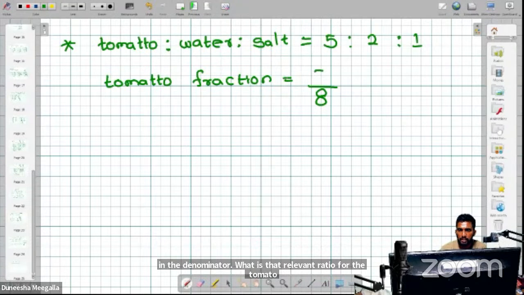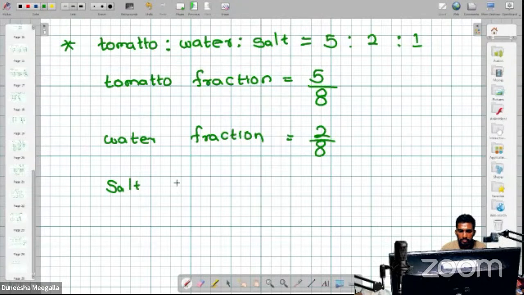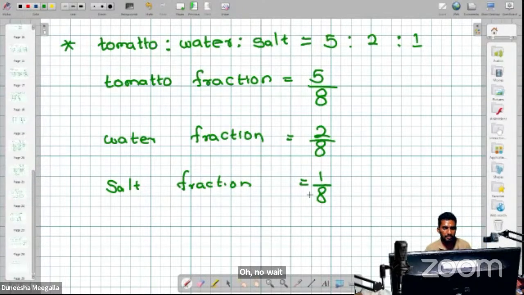Then 5/8 is the tomato fraction. Water fraction, how we write? 2/8. Salt fraction is 1/8. Write down the second example.